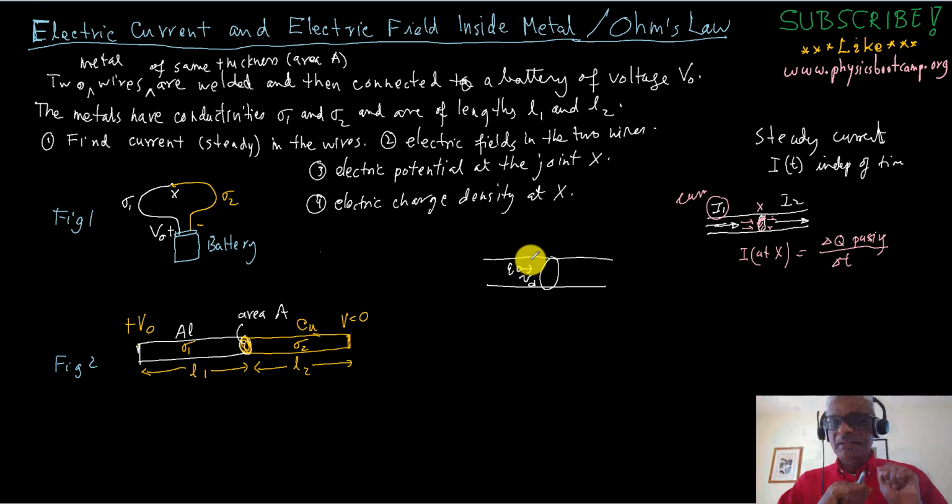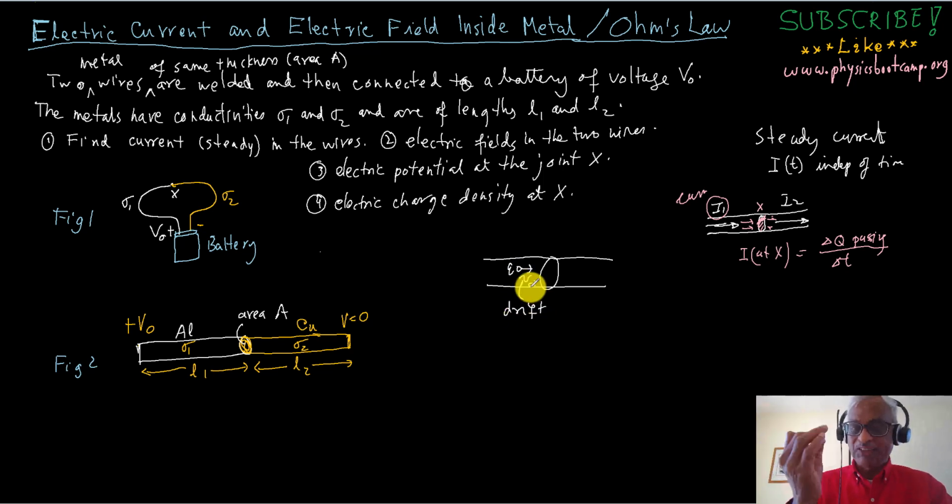Because in metal, not all electrons, but the conducting electrons can move at very high speed, but they are bumping into nuclei and other electrons, and there's an overall velocity called the drift velocity. So this is the drift velocity, which is very small, much smaller than the actual speed at which electrons are moving. So this is drift speed, or drift velocity if you're talking about direction also.